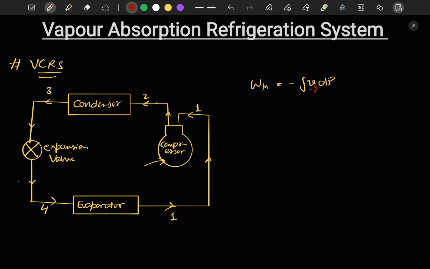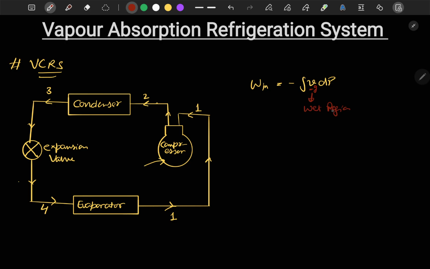Now, to decrease the work input to the compressor, we try to reduce this specific volume. First, we can decrease it by moving to the wet region.